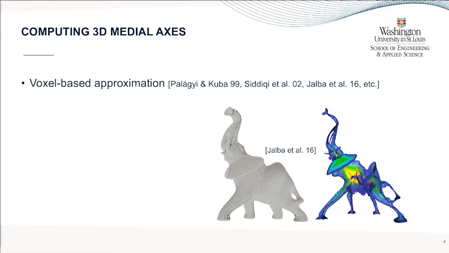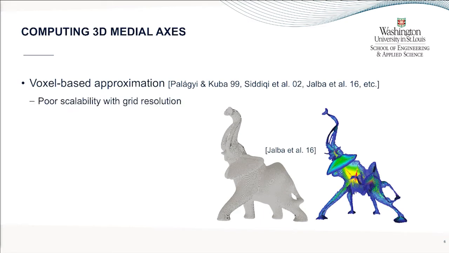Many approximation algorithms take as input a collection of voxels. These voxels can be obtained directly from segmenting a 3D image, like MRI and CT scans, but they can also be converted from other mesh representations. We've already seen a voxelization talk just now, so you can do that. These methods are pretty straightforward. They usually work by stripping away layers of voxels at a time until you get to something in the middle.